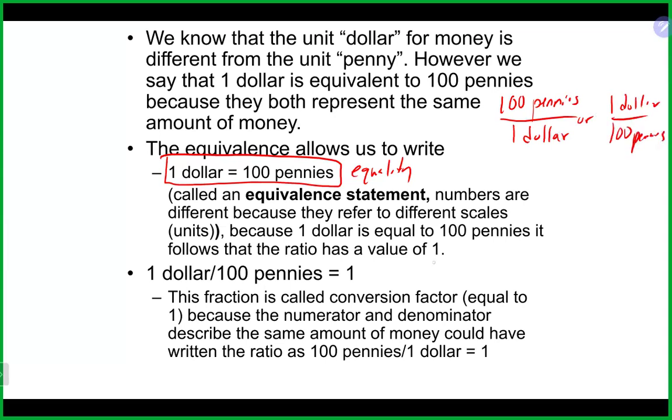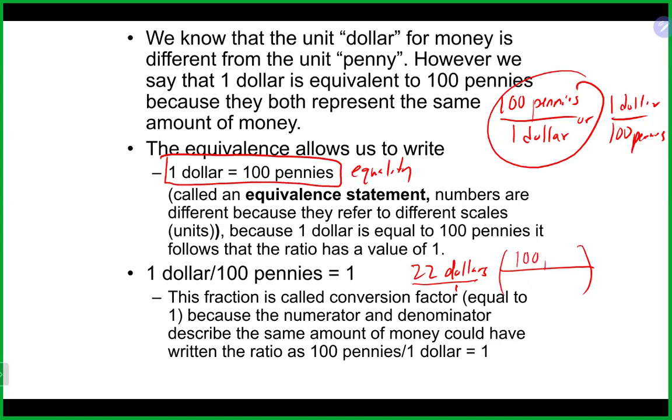Now, if I had $22 and I want to know how many pennies that would be, I could set up my problem here with dimensional analysis. Again, the dollars are basically on top. That means I need to go opposite to cancel it, and that puts dollars on the bottom so that those units cancel.